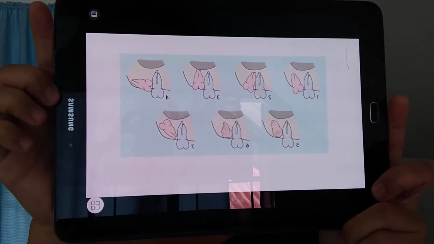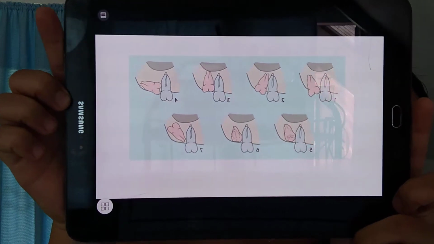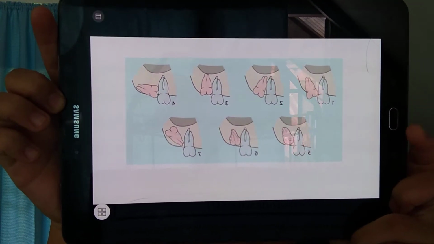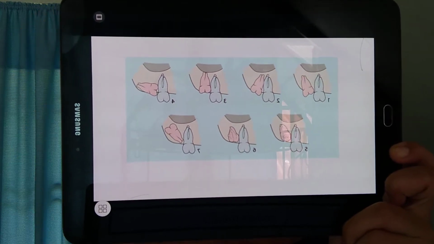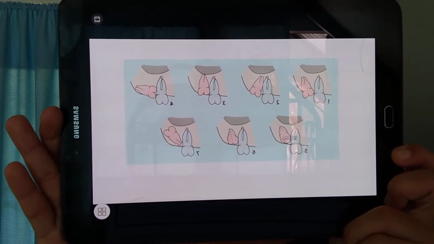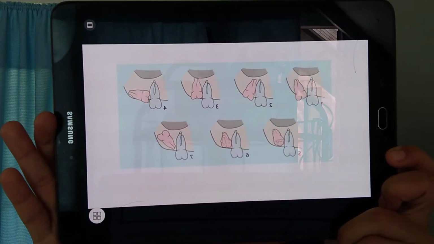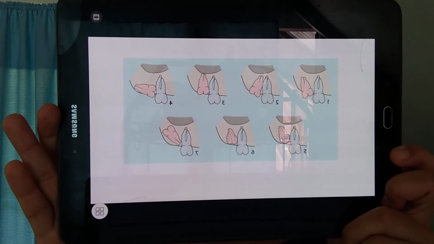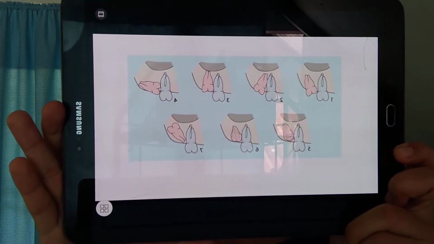It is classified into 7 types: mesioangular, distoangular, vertical, horizontal, buccoangular, linguoangular, and the last one is inverted. The tooth usually presents with a mesial or distal inclination with the occlusal surface positioned buccally.